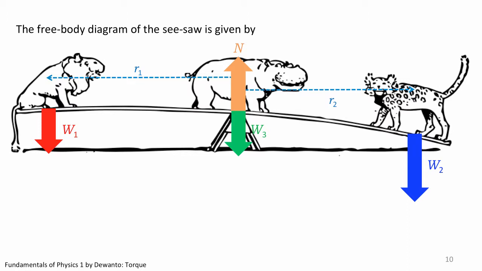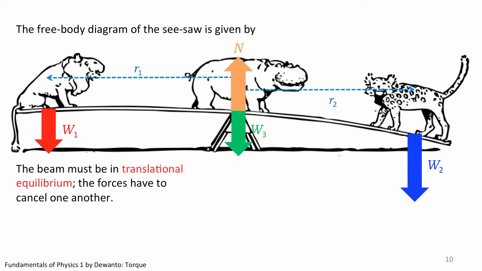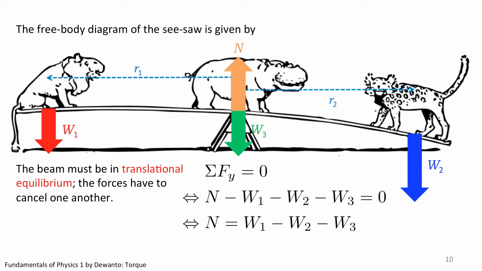Now for the beam to be in static equilibrium, the beam must be in equilibrium both translationally and rotationally. The former is straightforward. We have gone through quite a number of exercises on this. The forces must cancel each other, and from there, you can deduce the equation that describes the normal force on the beam. The latter is where we are to apply our newly learned concept of torque.